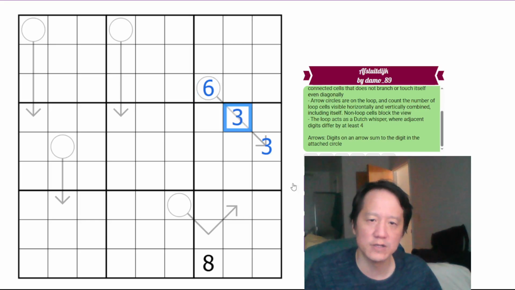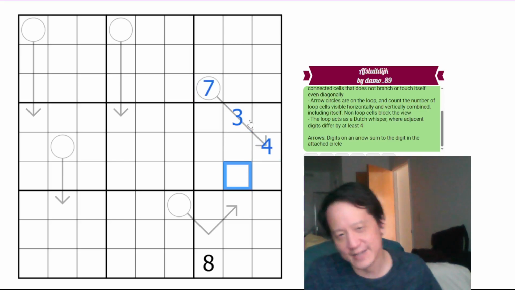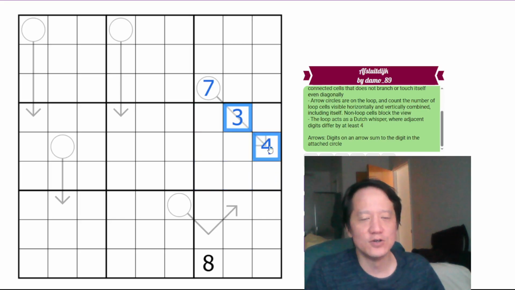That's not valid because this can't be 3 and 3. Say we had 3 and 4, and this is 7. These 2 digits add up to what that digit is, and we also don't break normal Sudoku rules. So this is an example of how arrows and their circles work. And remember, all the arrow circles are on the loop.